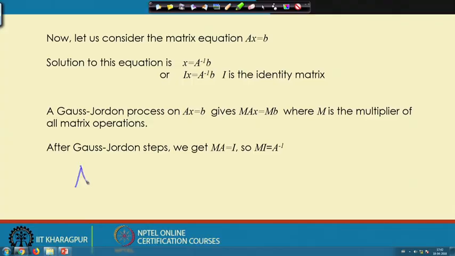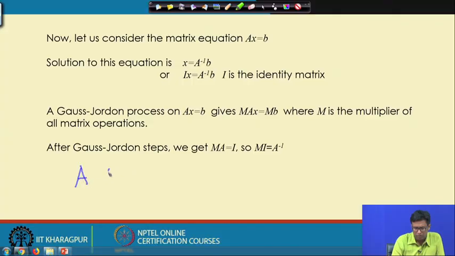So, the idea is that we will start with a matrix A so that MA is equal to the identity matrix.